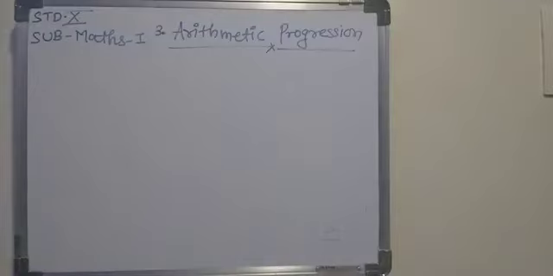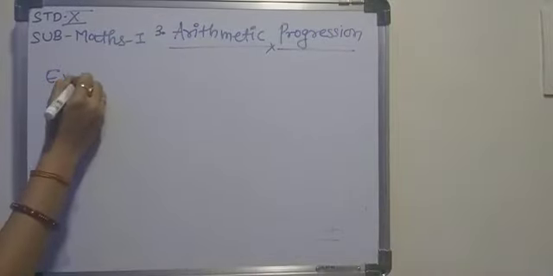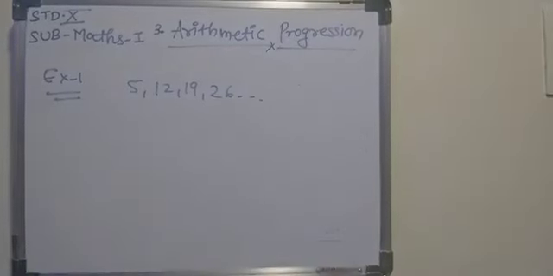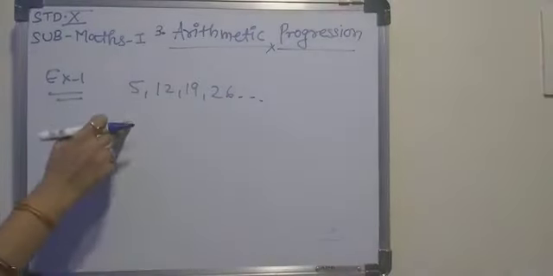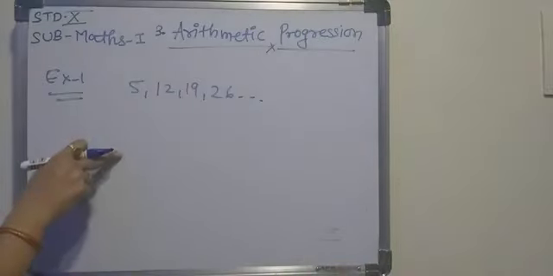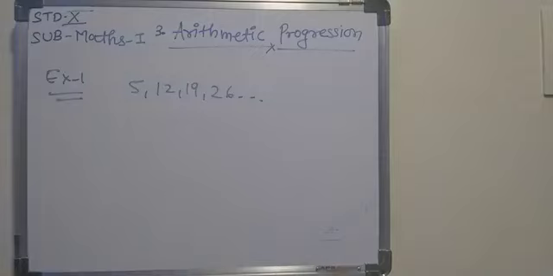So now we are going to solve an example. See the example. Suppose they have given you the sequence 5, 12, 19, 26 and so on. Check whether this sequence is in AP or not. If it is in AP, then prove it and find the next two terms.